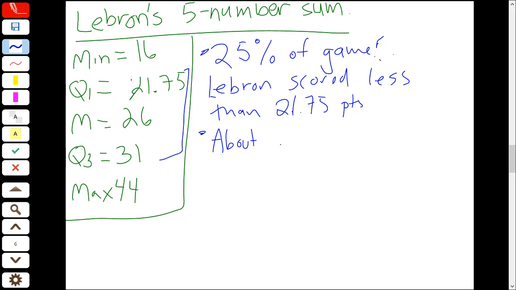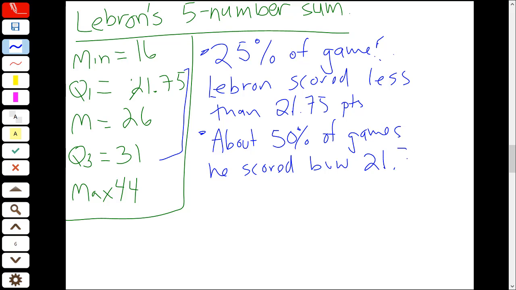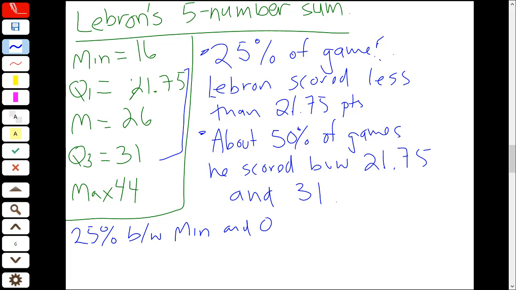About 50% between 21.75 and 31. So what I hope you're seeing is there's about 25% of the data between the min and Q1, 25% between the median and Q3.